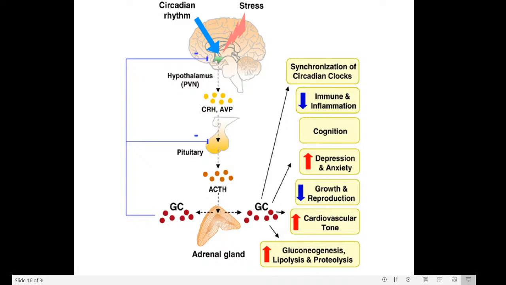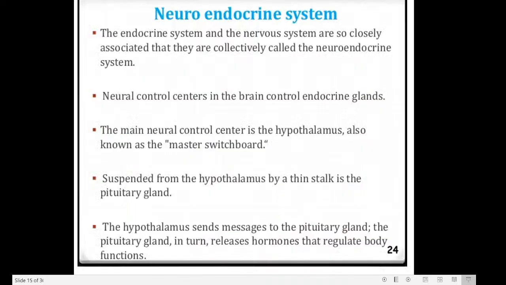The pituitary gland sends a signal to the adrenal gland, producing hormones. This affects the cardiac clock, reduces immune inflammation, and cognition declines while depression and anxiety are high. Growth and reproduction become low, cardiovascular tone becomes fast, and gluconeogenesis, lipolysis and proteolysis become high. These are all the sequential processes that happen in the neuroendocrine process.